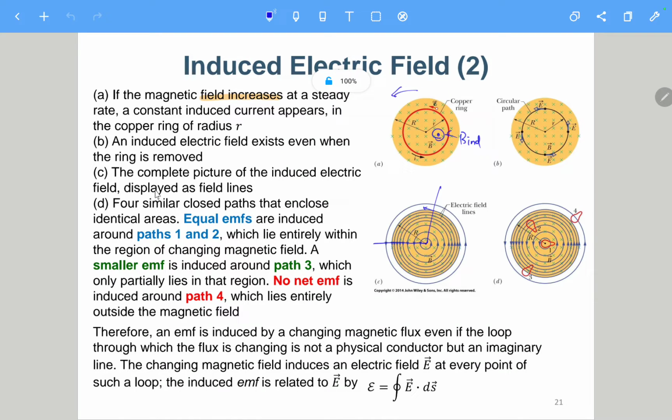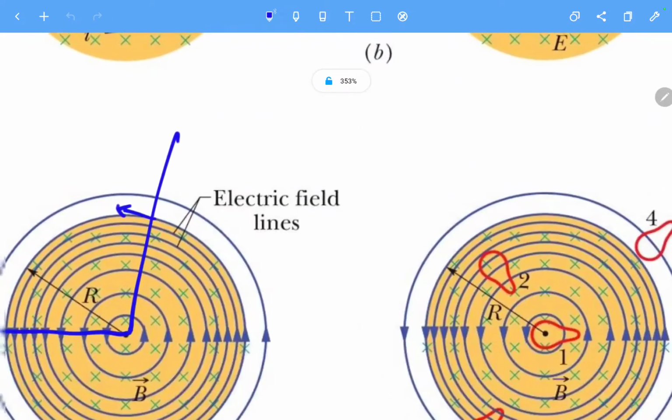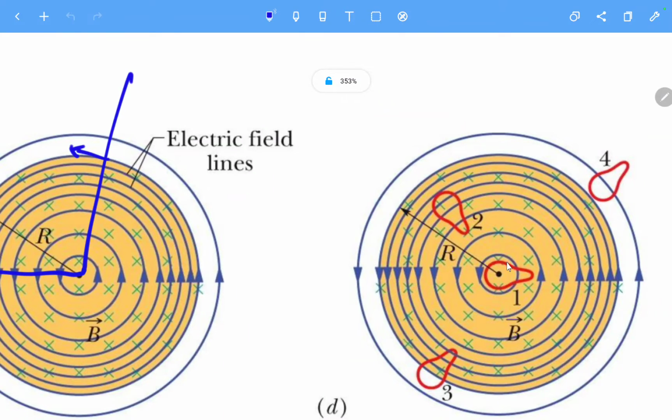Okay, so here it says four similar closed paths that enclose identical area, equal EMF are induced around path 1 and path 2. So here, for this one and this one, because we consider the B field is uniform inside this area, we assume that these two areas are actually the same area.